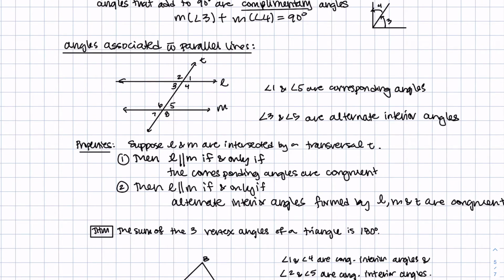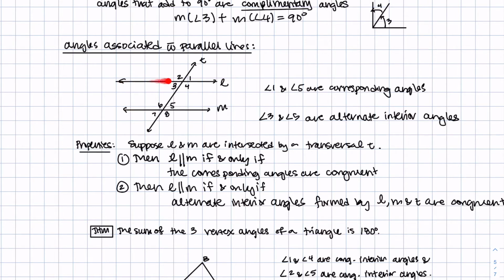Okay. So there's often this picture of what happens. One way of telling if two lines are parallel, like L and M here, is to draw a transversal in between them and talk about the angles in relation to the transversal and the original two lines.